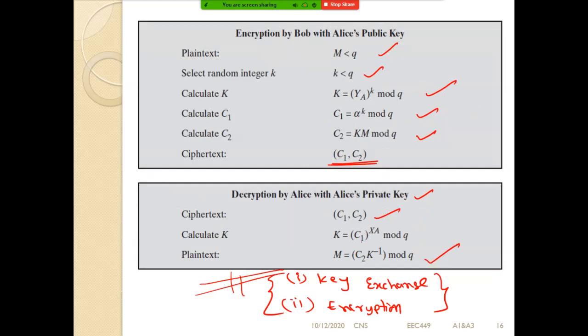But in Diffie-Hellman key exchange, only the key exchange will happen. Encryption process is not done. After the exchange of the key, then only the encryption. So here in this process, there is an encryption as well as the exchange of secret key is also done.